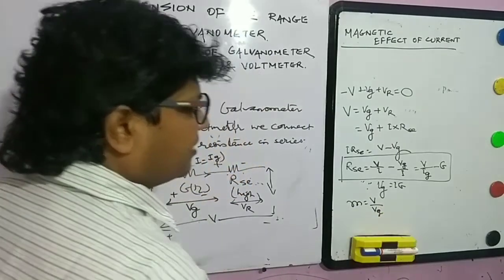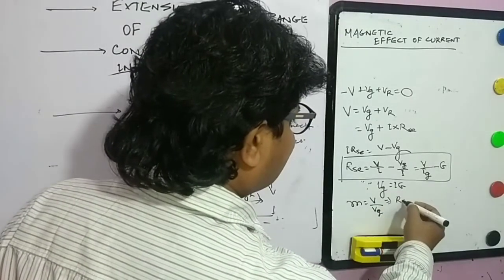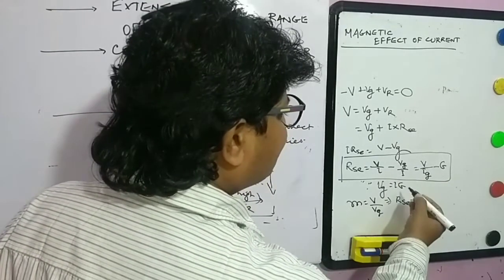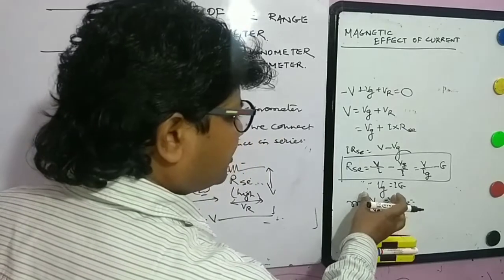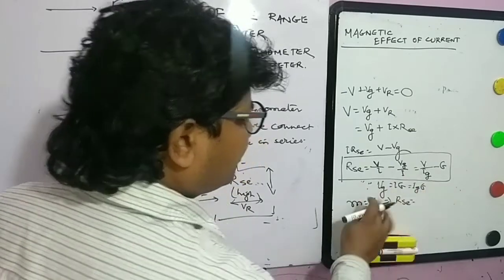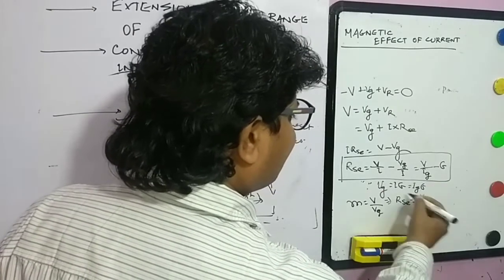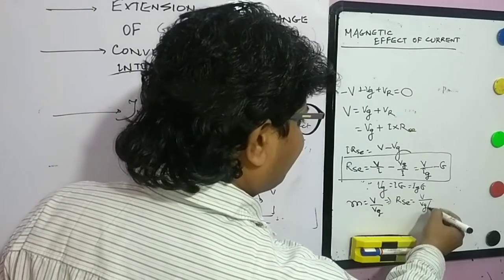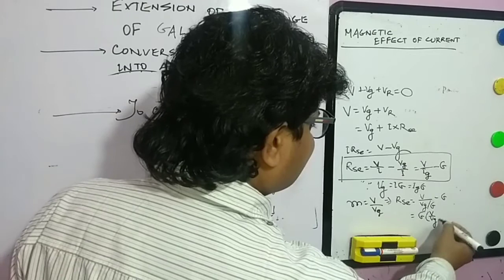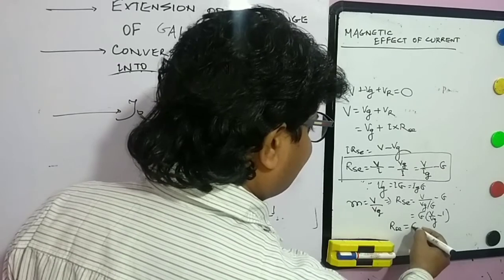So Vg is equal to I into G, that is Ig into G. So RSE is equal to V by Ig minus G, which is G times V by Vg minus 1.